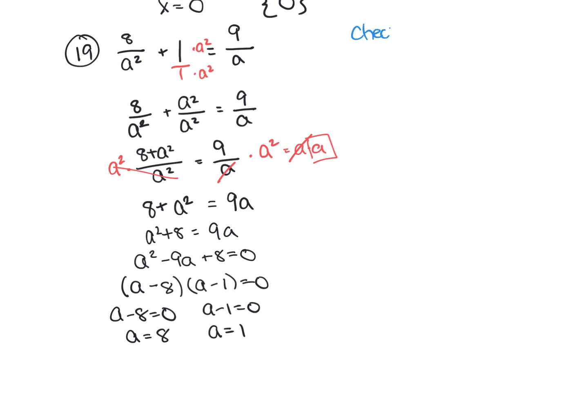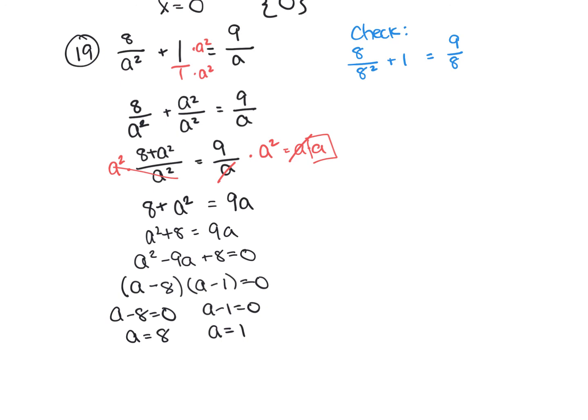So for my check, first I'm going to check with 8. So that's going to be 8 over 8 squared plus 1 is equal to 9 over 8. So let's see, this will be 8 over 64.